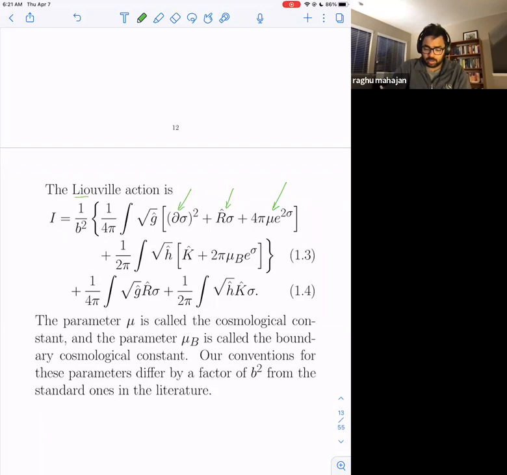So notice that this is the parameter here, which makes the saddle point approximation well-defined, because there's an overall large coefficient in front of the action. b was small, 1 over b square is large. And this mu is the so-called cosmological constant, and mu b is the boundary cosmological constant. So this is the action.